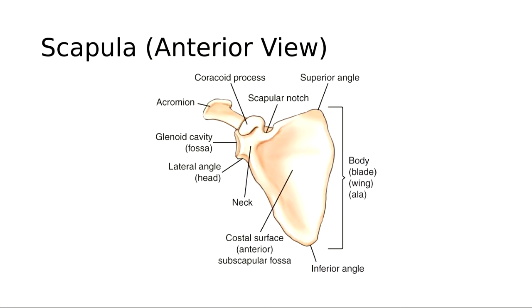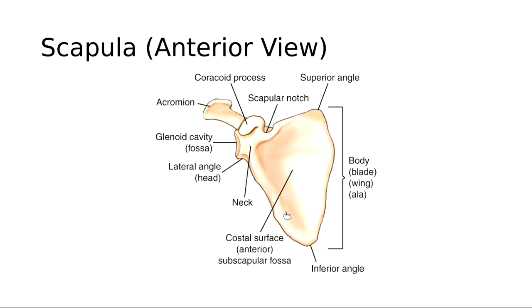Now, when we look at the front or the anterior view of the scapula, you've got the acromion process, which articulates with the acromial end of the clavicle and forms the AC joint. You've got the coracoid process right here, which is used for shoulder positioning, the scapular notch, superior angle. This is the medial or vertebral border.